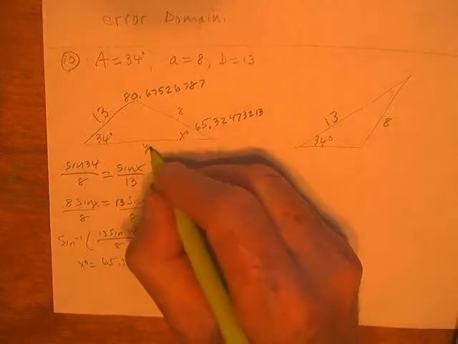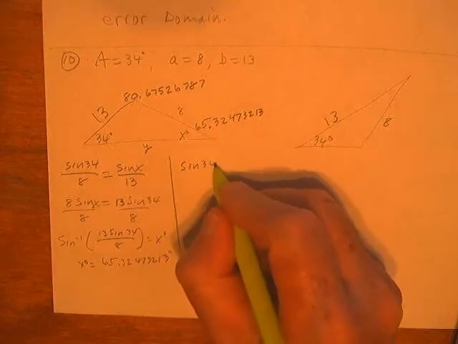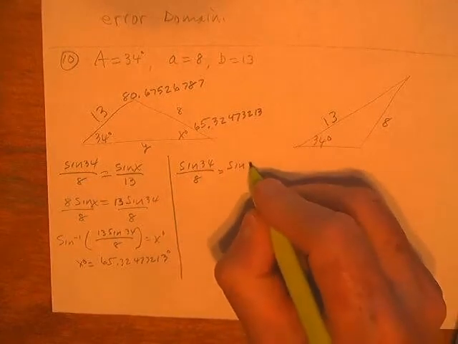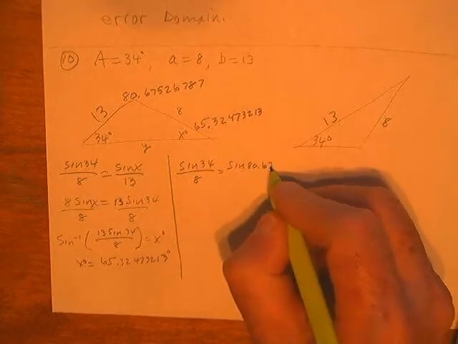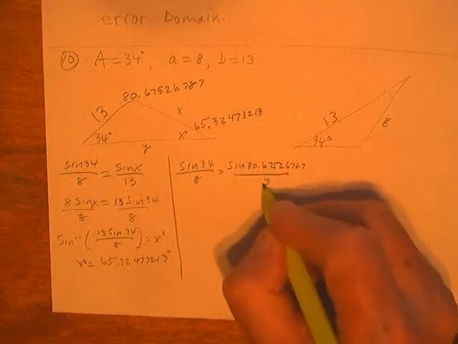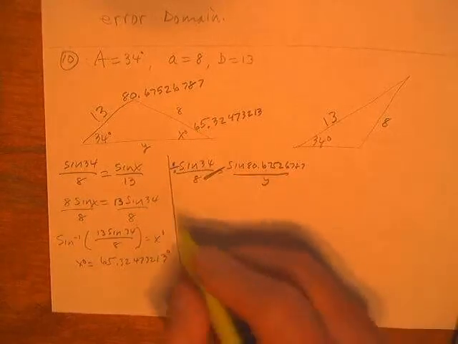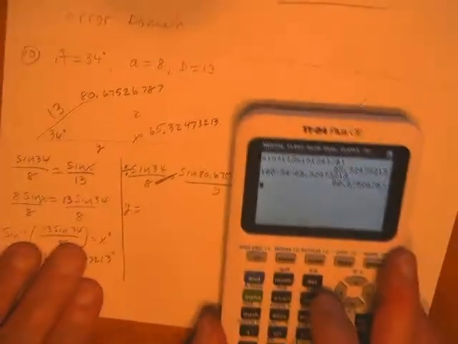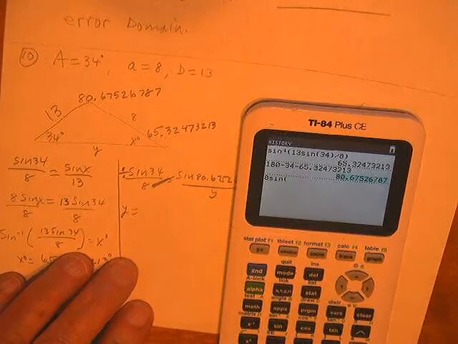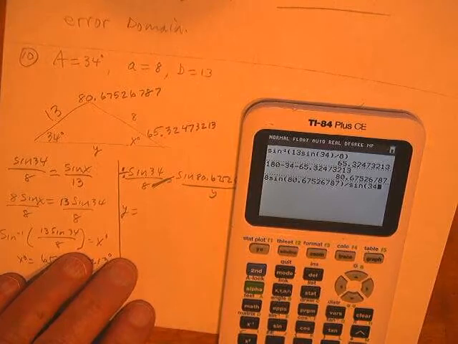Now I have everything except side y over here. So I can do sine of 34 over 8 equals sine of 80.6752, 6787 over y. Multiply those two, divide by this one: 8 sine that one, divide by sine of 34.